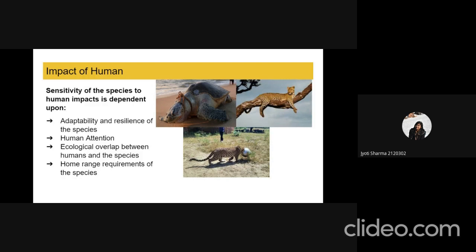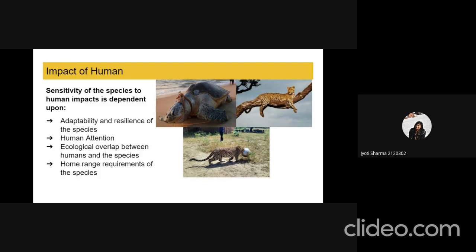So this is the adaptability and resilience of the species. If humans have the same impact on two different species, one may survive and the other may not, because of the adaptability and resilience of the species.